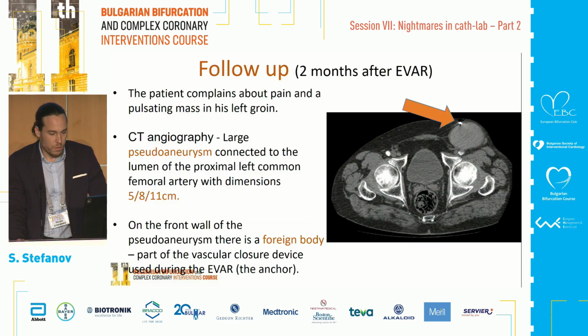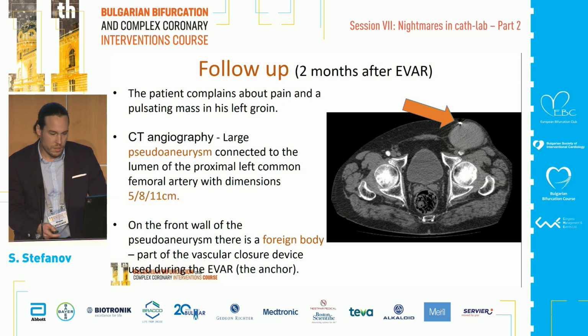During follow-up, this patient came to us 2 months after the procedure. He was complaining of pain and a pulsating mass in his left groin area. We did a CT angio, and that showed a large pseudoaneurysm connected to the lumen of the proximal left common femoral artery, with dimensions 5 by 8 by 11 centimeters.